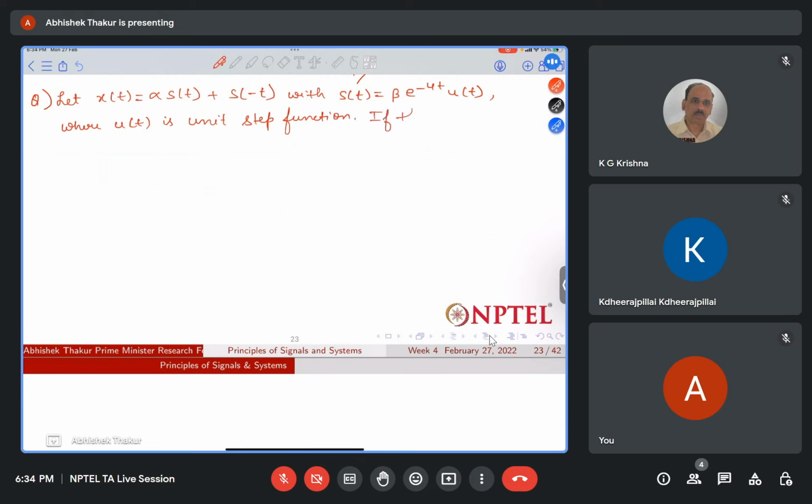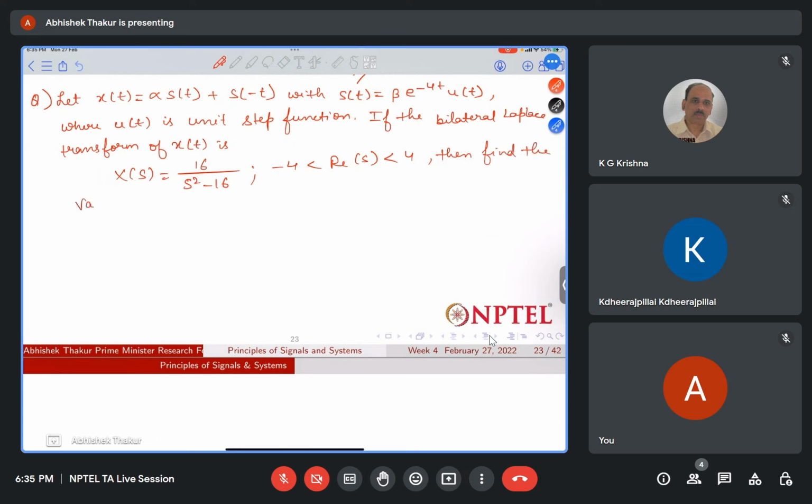If the bilateral Laplace transform of x(t) is X(s) is equal to 16 by s square minus 16, and the region of convergence is from minus 4 to plus 4, then find the value of beta.